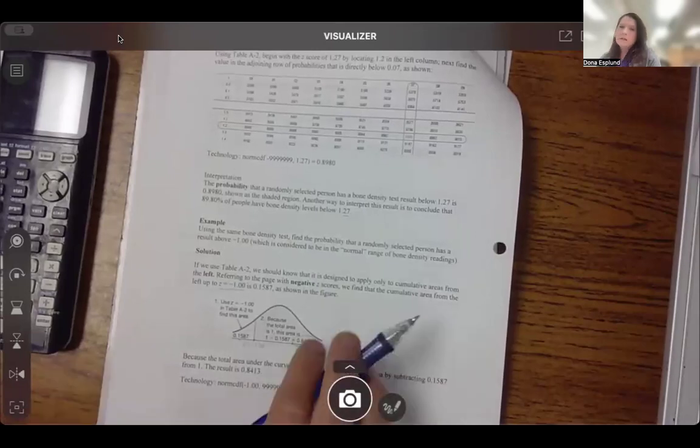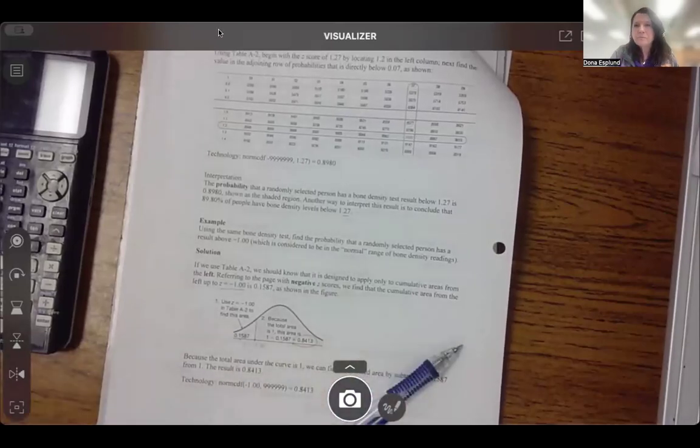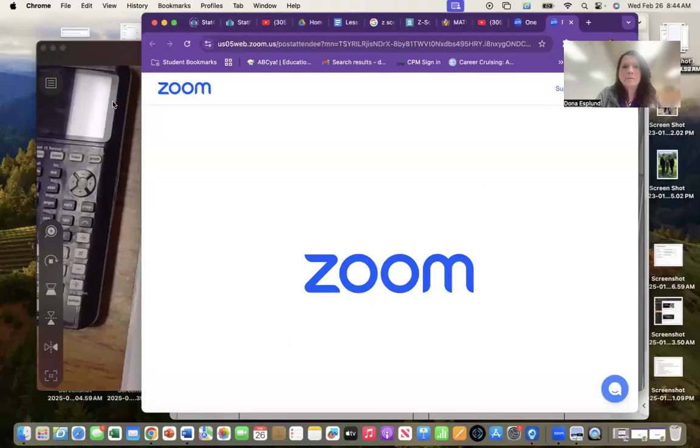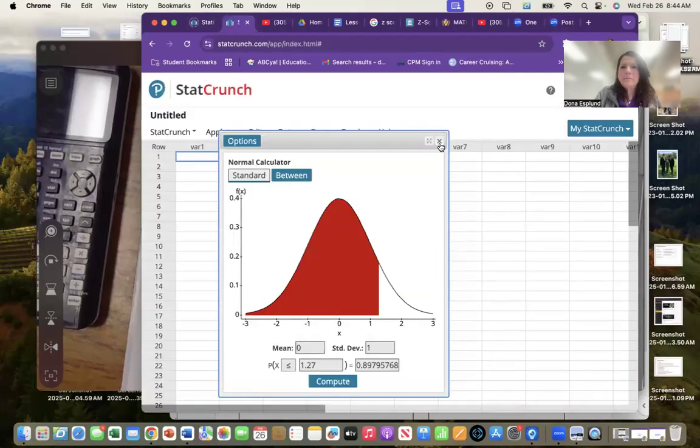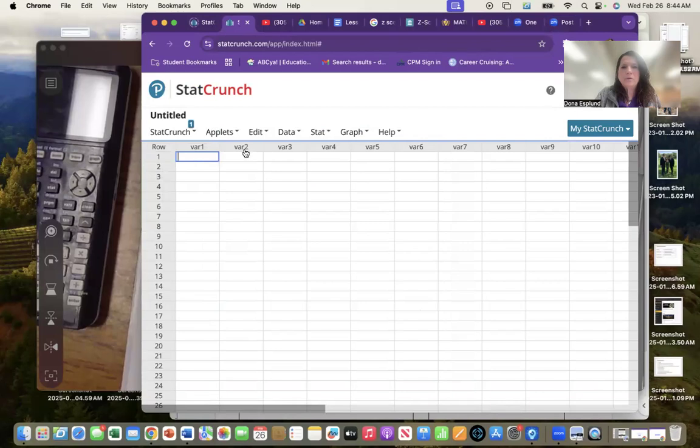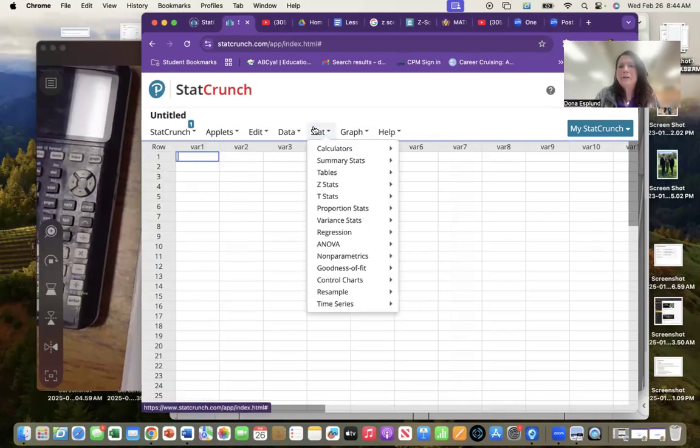Okay, StatCrunch. If I go to StatCrunch, I'm going to share my desktop. I'm going to show you again how to get that calculator open.